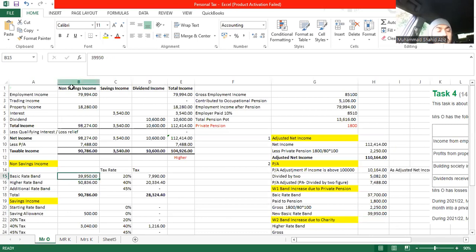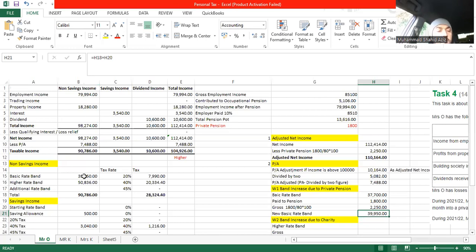So here now we will calculate. If you see, our non-saving income is 90,786, and saving income is 3,540. Dividend income is 10,600. Total income is 104,926. So what is happening now? The basic rate band is now 39,950 due to the contribution into a pension.